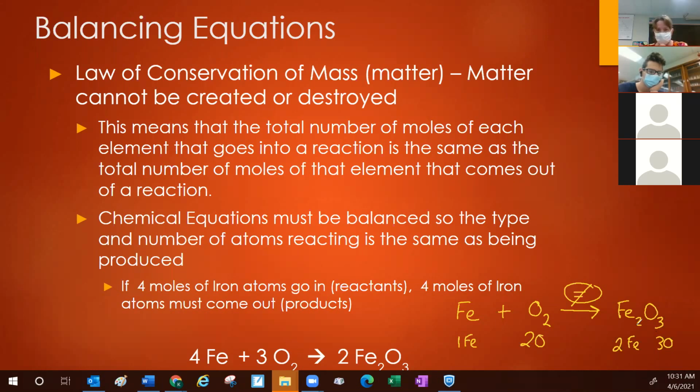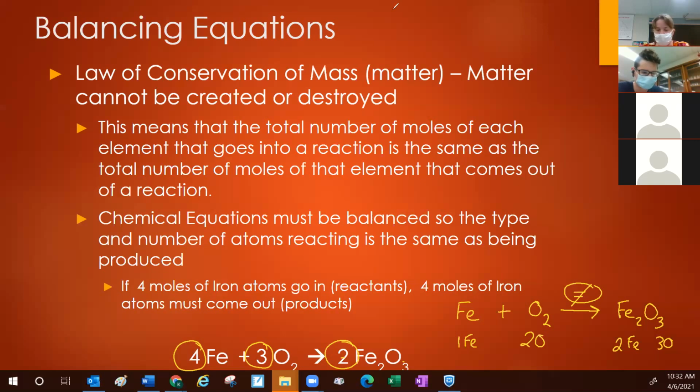But a coefficient is a number that you add in front of an element or compound symbol, so a full-size number, not a little one like a subscript, that allows us to multiply our numbers of atoms by that number to get the numbers to equal out. Now, I'm not going to go through this example because it's complicated. We're going to start with something more basic. But essentially, by putting those numbers in front, we're increasing the number of total atoms that we have.